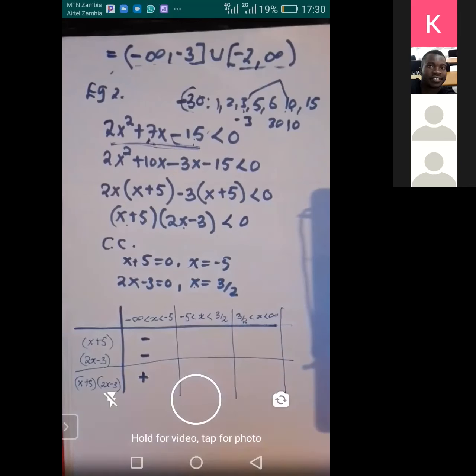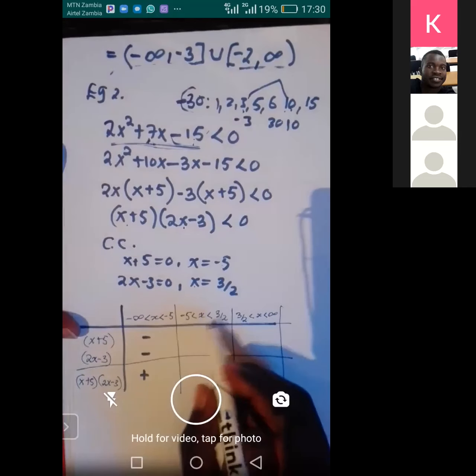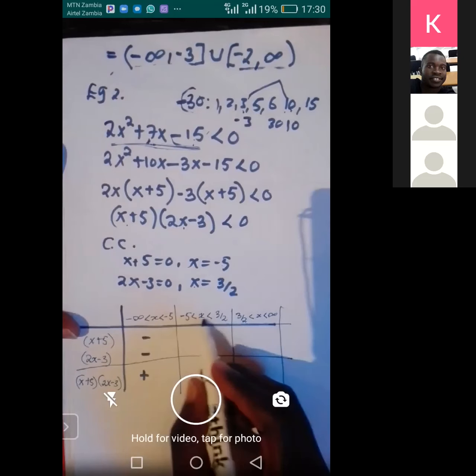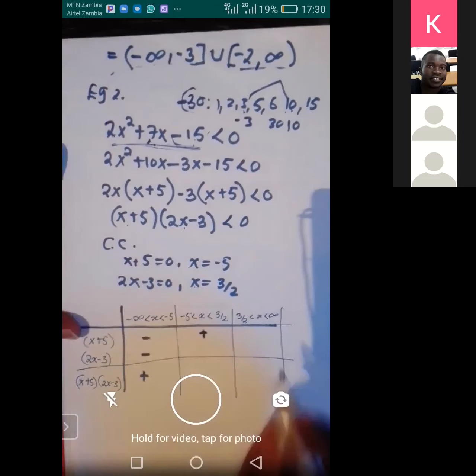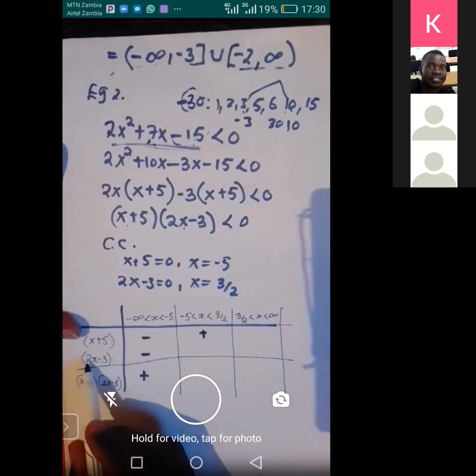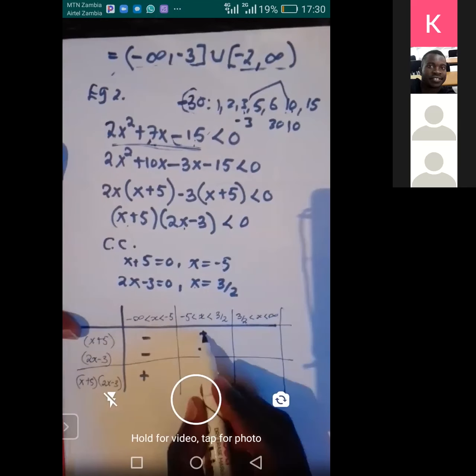Okay. We're saying minus 3, for example. So minus 3, when you put there, you are getting a positive number. And when you put minus 3 there, minus 3 times 2 is minus 6. Minus 6 minus 6, you are going to get minus. So positive times minus there, you're going to get minus.